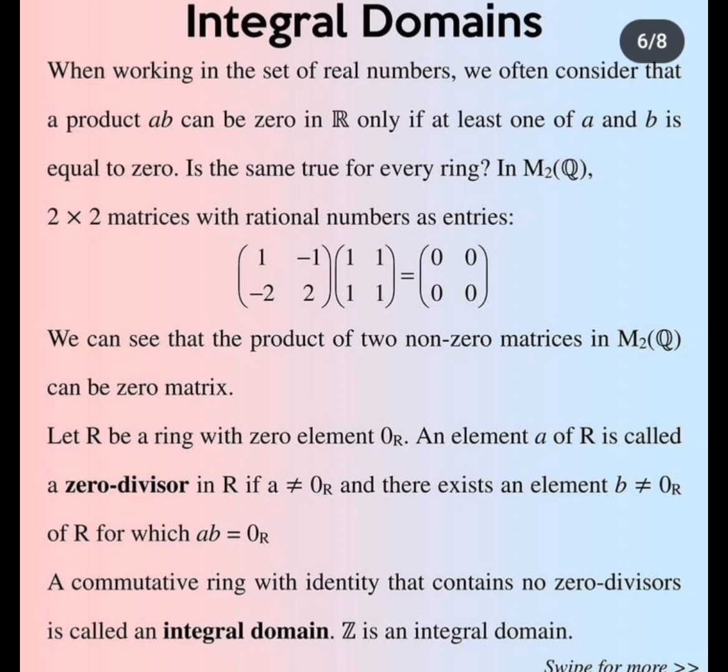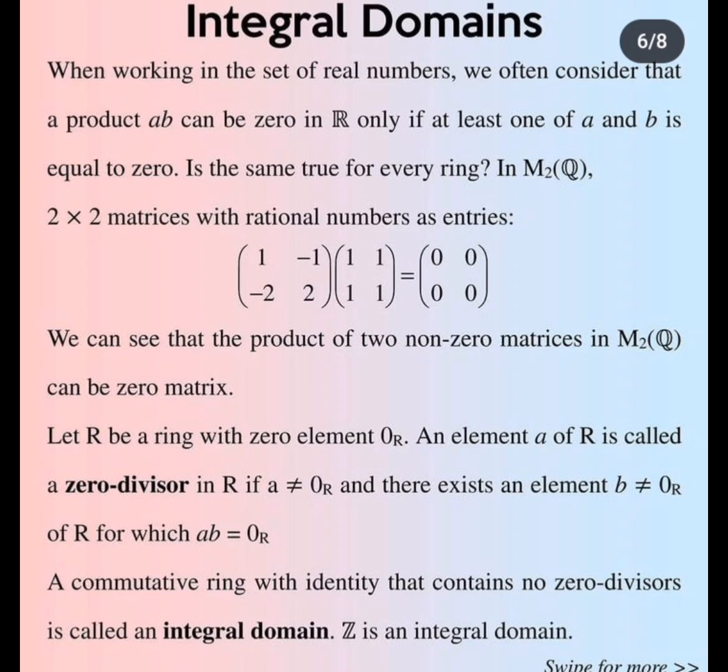Let R be a ring with zero element. So we have a ring, and we are picking an element A that is inside R. That element A inside R is called a zero divisor if and only if A is not equal to zero.